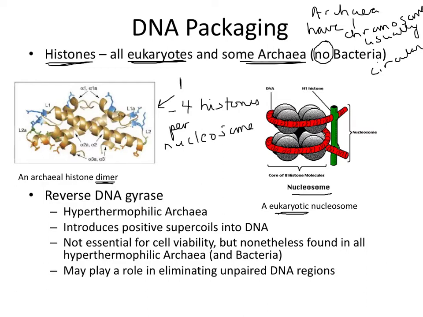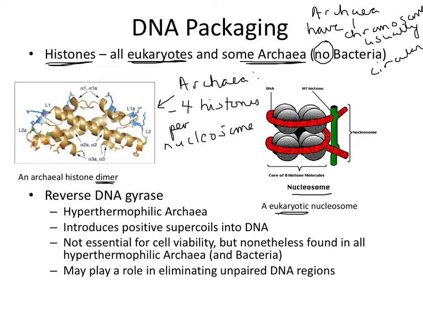Okay, that's what the Archaea have. So that's a little bit different, but it's still interesting that they have evolved to use the same kinds of proteins as the eukaryotes, rather than the other types of proteins used by bacteria, and I won't get into those here.